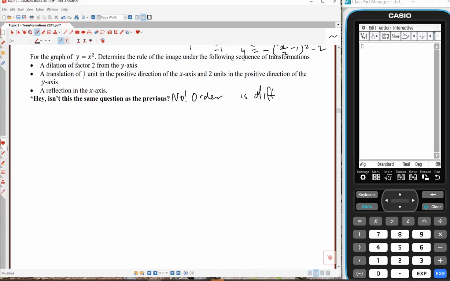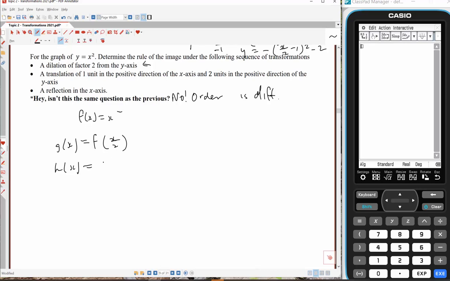All right, so what we'll do is we'll go f of x equals x squared. Let's do the dilation first. So g of x equals f of x on 2 to do the dilation factor 2 from y. So h of x equals translation 1 unit in the positive direction.